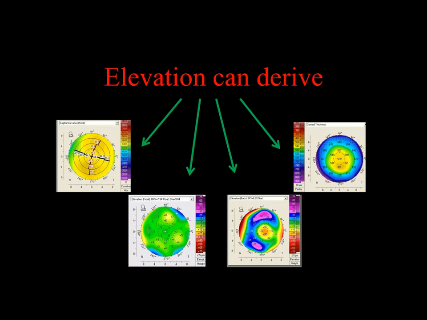So again, if I can measure the anterior surface and the posterior surface and elevation, I can produce the elevation maps, I can produce the curvature maps. But again, if I'm accurate on the anterior and posterior surface, I can also produce a full corneal thickness map. And clearly, systems that are Placido-based, not only can they not measure a posterior surface, but they clearly cannot generate a corneal thickness map.